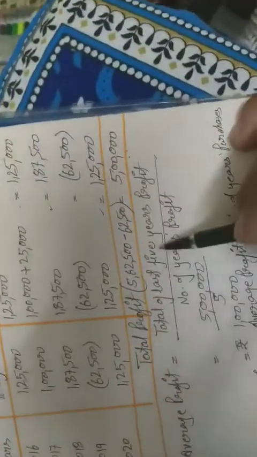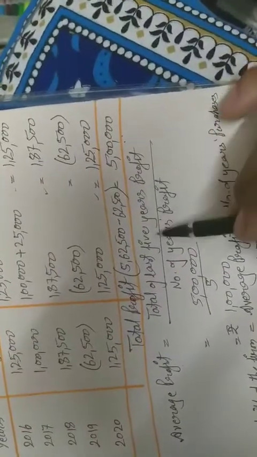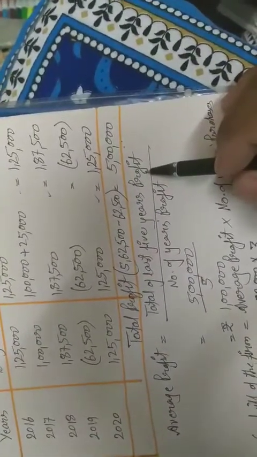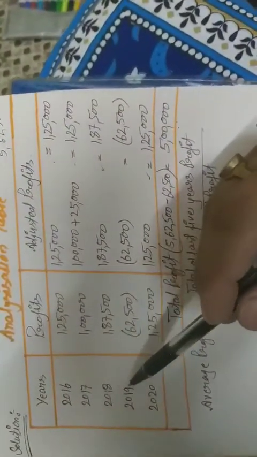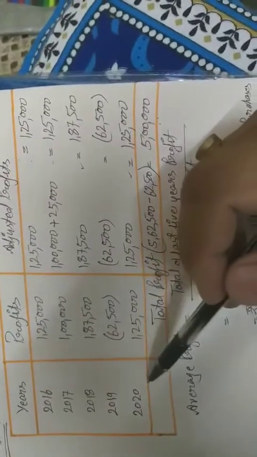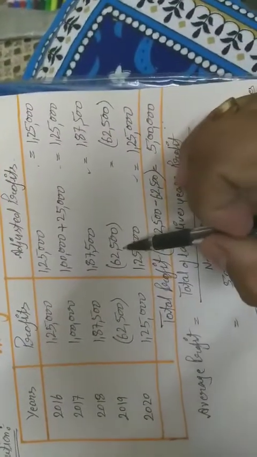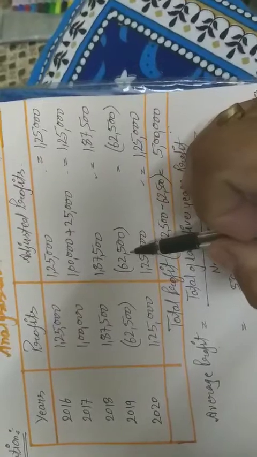The number of years is 1, 2, 3, 4, 5. Five years are given. It doesn't matter if there is a loss, the year will be counted.